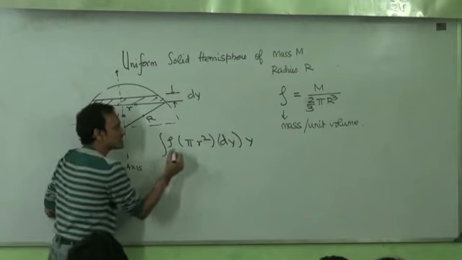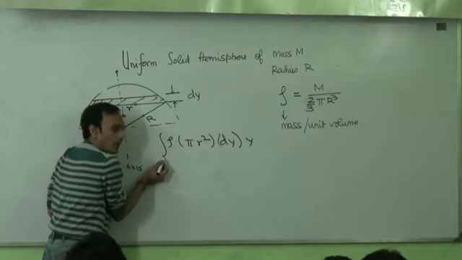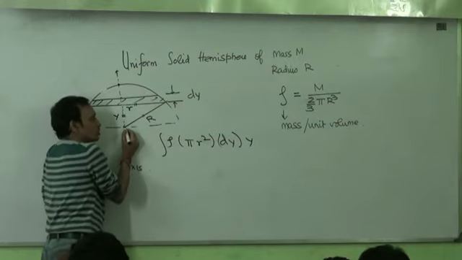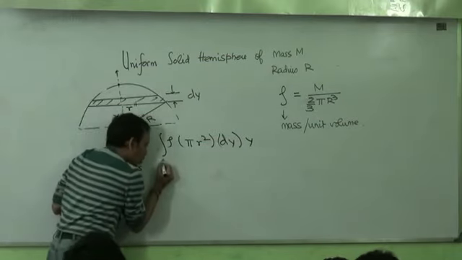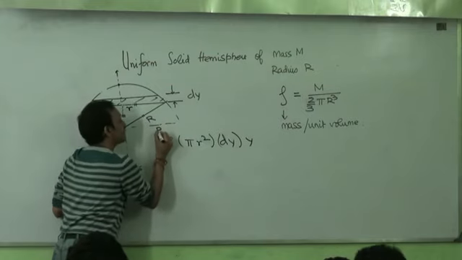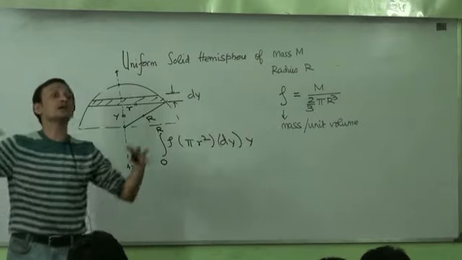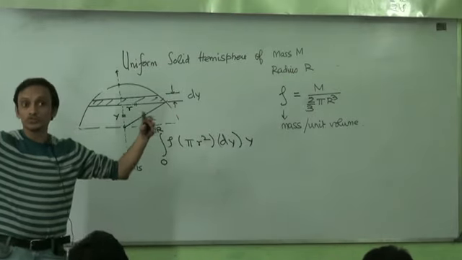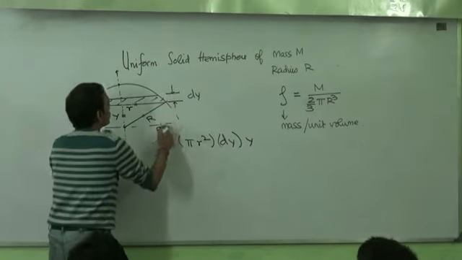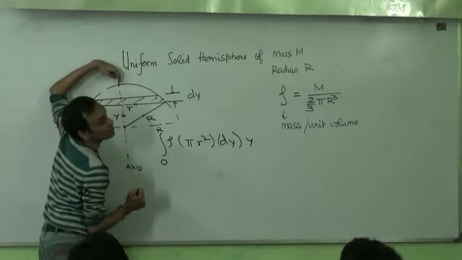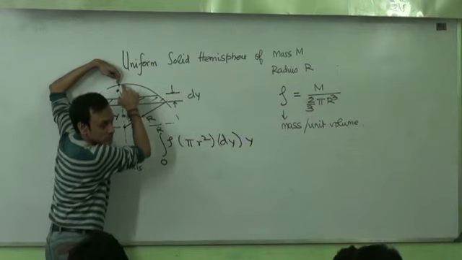That can be done by this integration with limits being y equal to 0 to capital R. Y equal to 0 to capital R would include all the disks that make up the hemisphere. Y equal to 0 would include the disk on the equatorial plane. Y equal to capital R would include the disk on the pole.